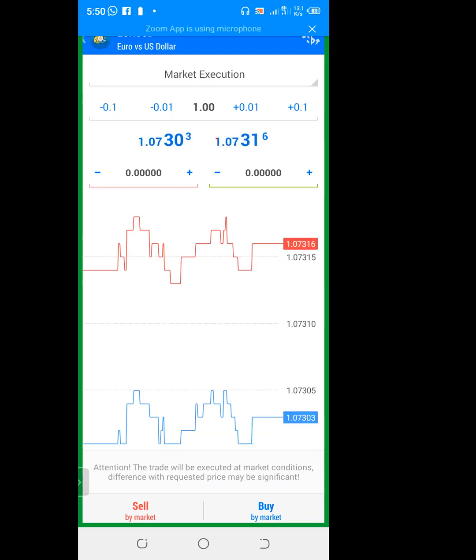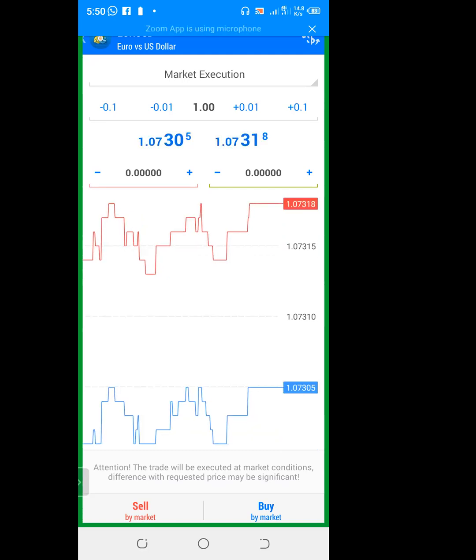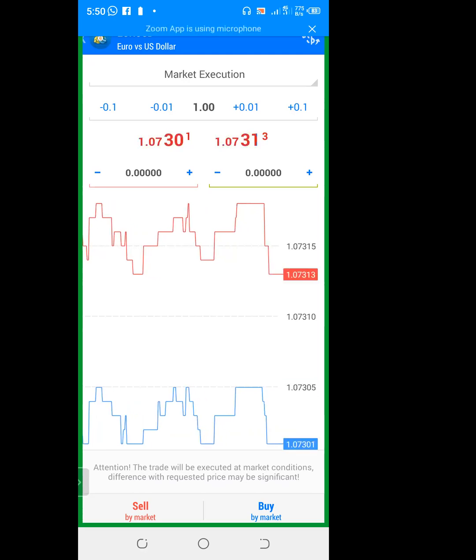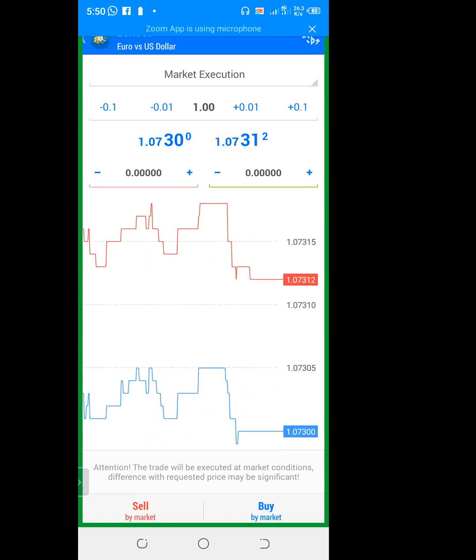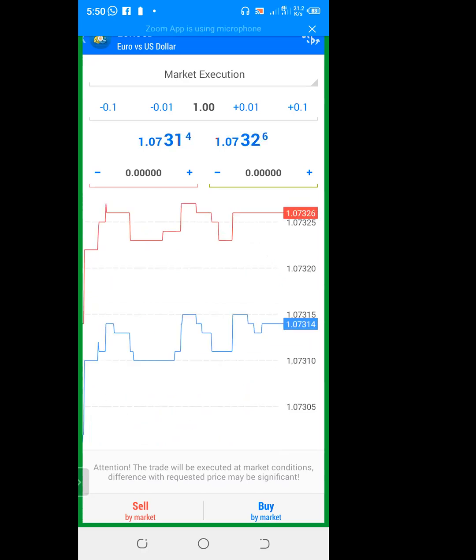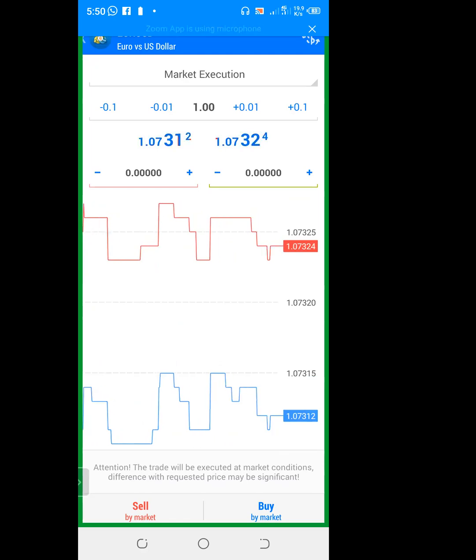Good. At the top, you see where they wrote market execution. Is it not? Okay. Now, under market execution, probably your own is instant execution. But either market execution or instant execution is the same thing. How is market execution?